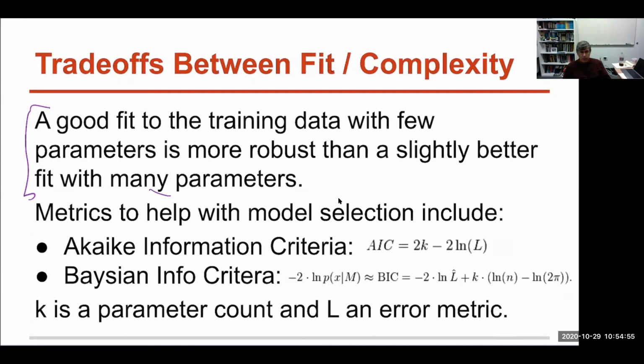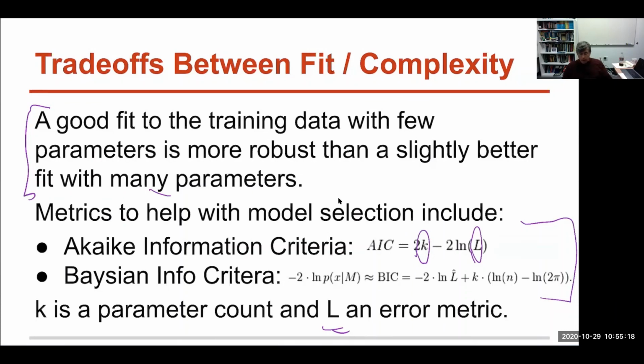There also are various criteria people have defined in machine learning to evaluate a model as a function of not only its error, where L is a function of the error, but also K, a function of the parameter count.